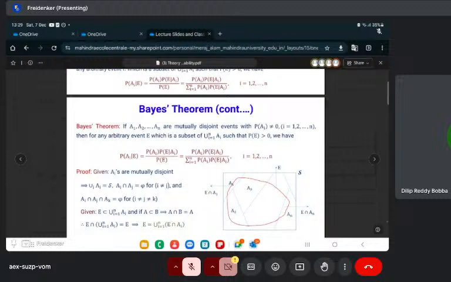So what is probability of A1 given E? Am I even choosing this right? Should it be this one? Because probability of A1 given E makes no sense. Probability of A1 given E would be the probability that Chatterjee will be selected given co-education is introduced.